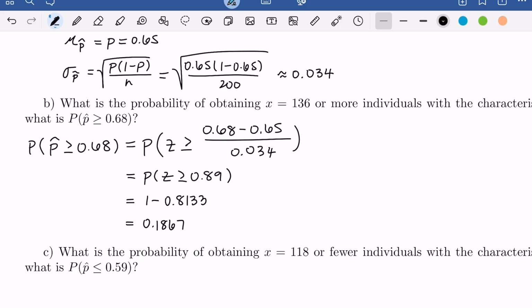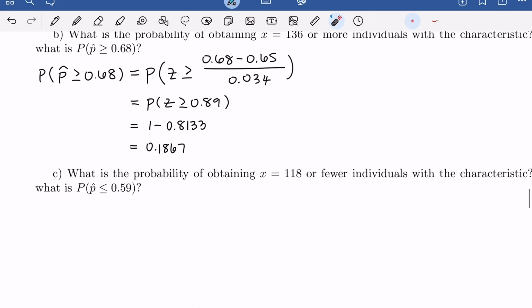So this means, rounding up, about 19 out of 100 random samples of size n equal to 200 will result in 136 or more individuals with that characteristic. Okay. So I'll write that blurb on the side when I upload the solutions.